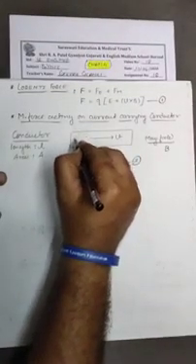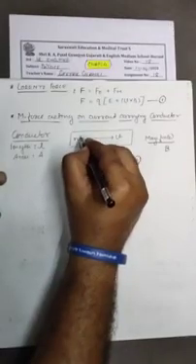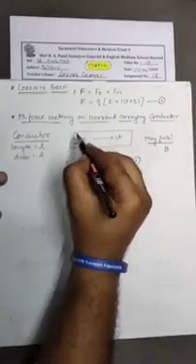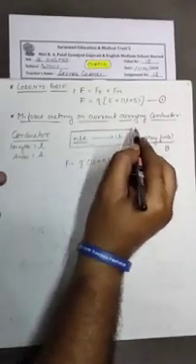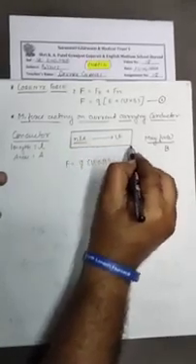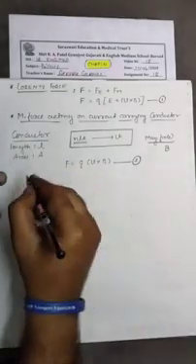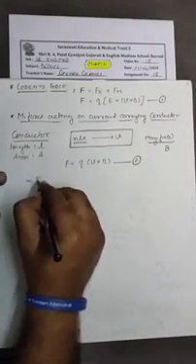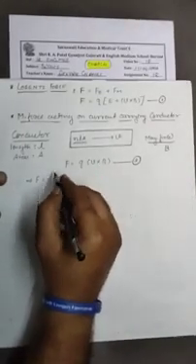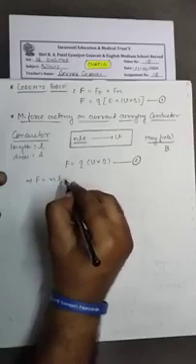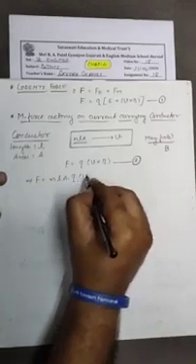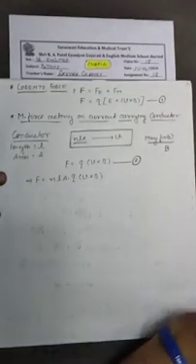There are n charges per unit volume, multiplied by L and A, so these are the charges present in the conductor. So the total force acting on these charges is given by F is equal to, instead of Q, which is for a single charge, the number of charges N L A multiplied by Q, and the rest of the equation is the same.